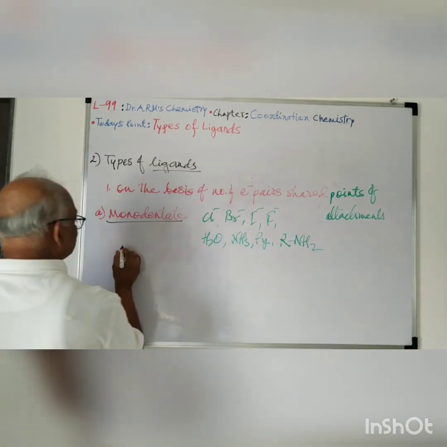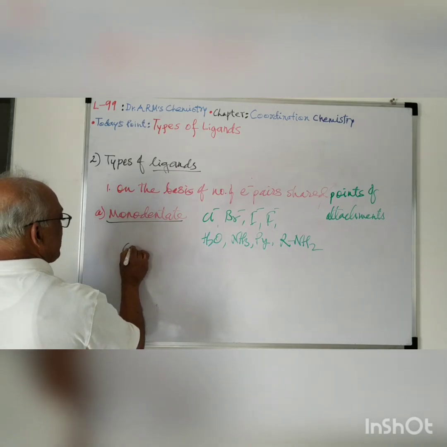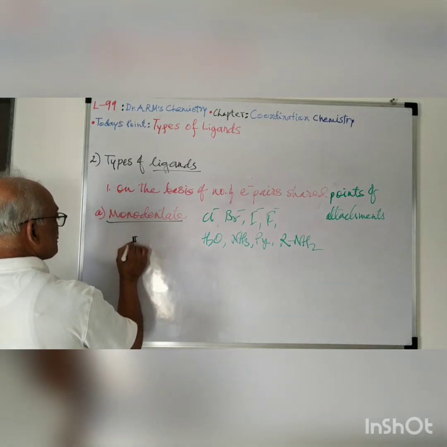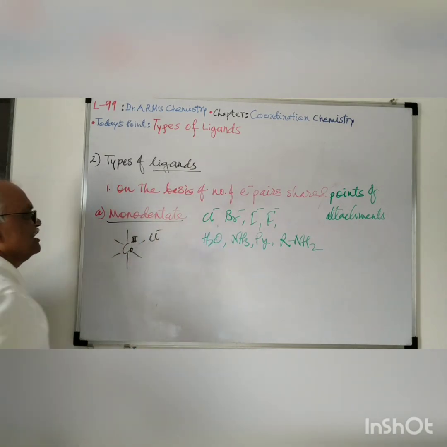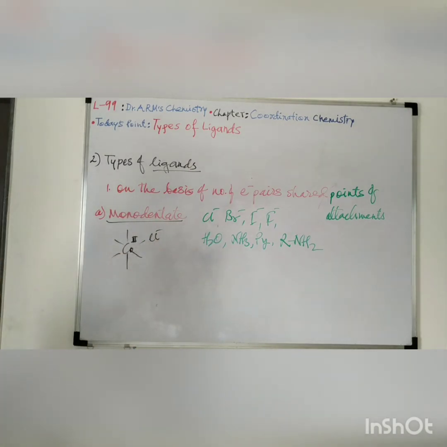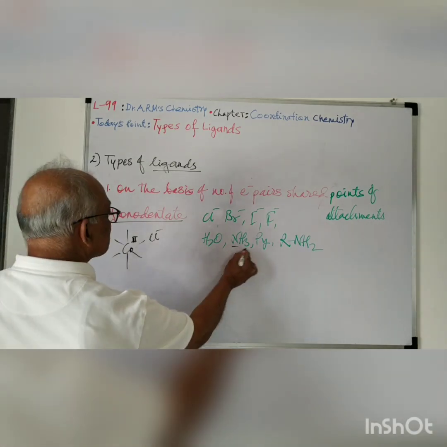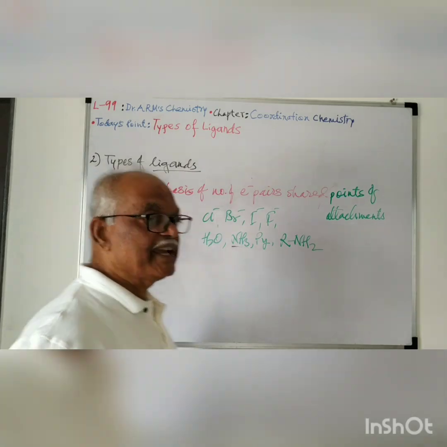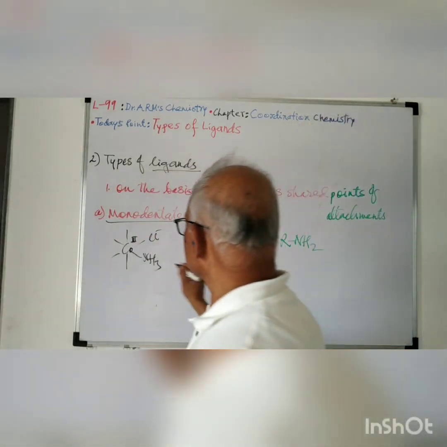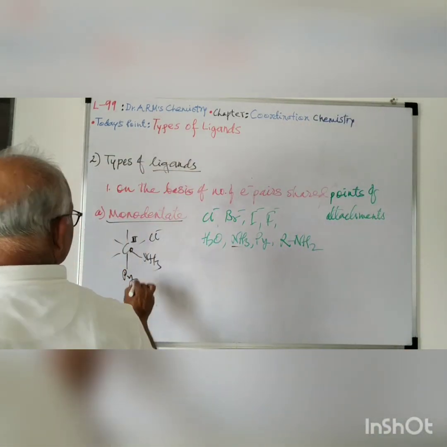For example, you can take cobalt, and say it is octahedral. So Cl can form such a single bond. Similarly, NH3 can form such a single bond. Or we can show here a pyridine.